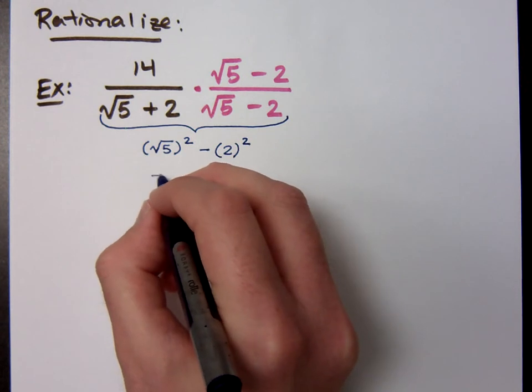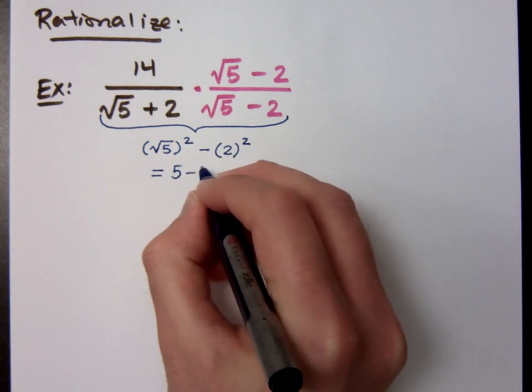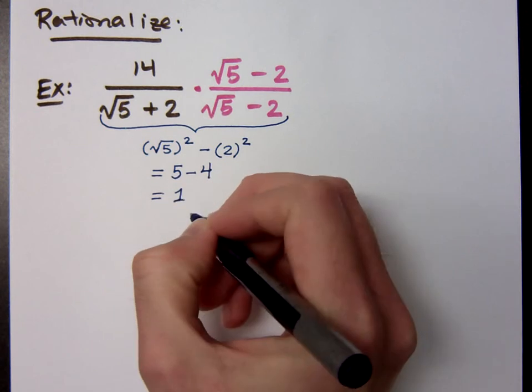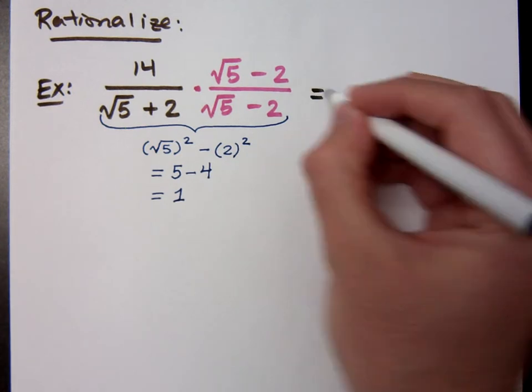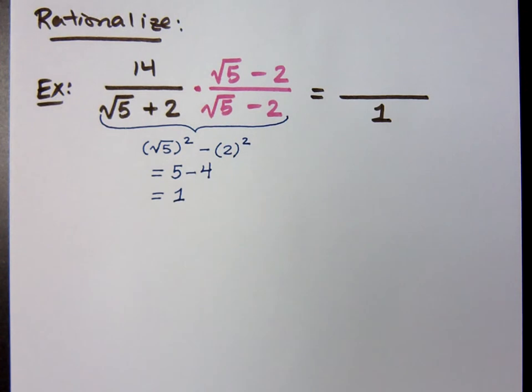So what is this? It's just going to be 5 minus 4, so that means it's just 1, right? So all of the stuff that I did here in my denominator just becomes a 1. I'm not saying that always happens when you multiply conjugates, but in this case 5 minus 4 is 1.